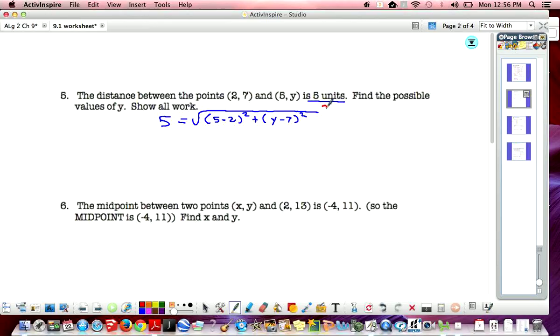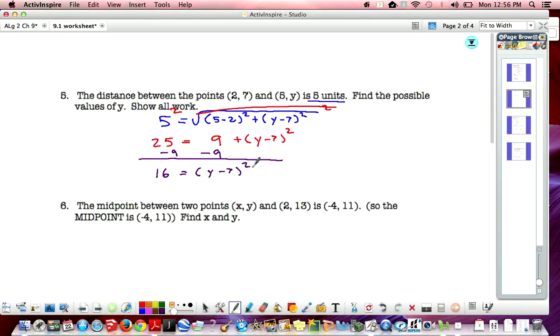To get rid of the square root, we square both sides. So now I can say 25 is equal to, well, if I go 5 minus 2, that's 3. 3 squared is 9. Plus this y minus 7 quantity squared. Now it's just like problems we were doing in the last unit. Subtract 9. So 16 is equal to y minus 7 quantity squared.